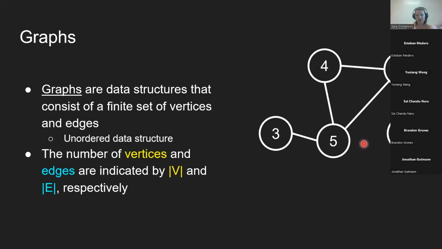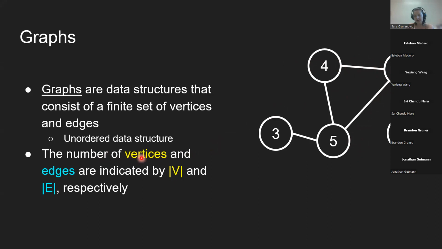But the important thing is that they have vertices, which store part of the data, and then we have the edges, which store the second part of the data in a graph, which would be like a path length connecting these two, if you want to think about it.